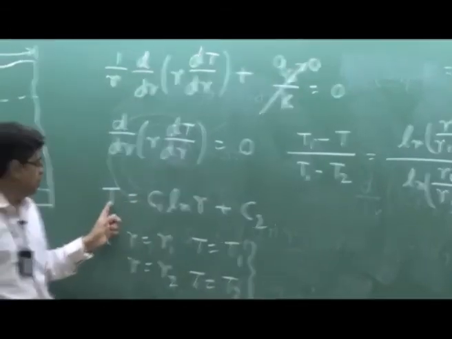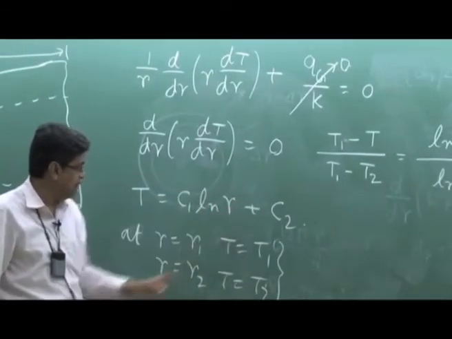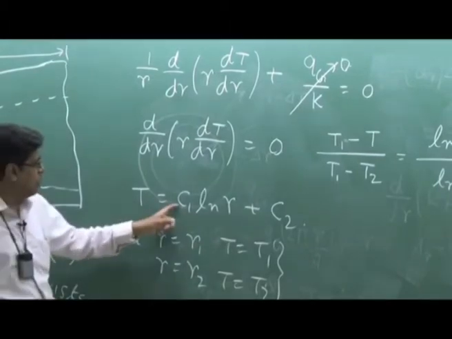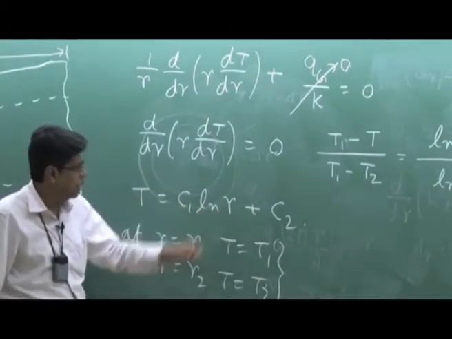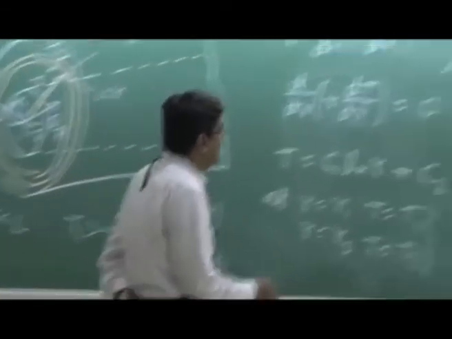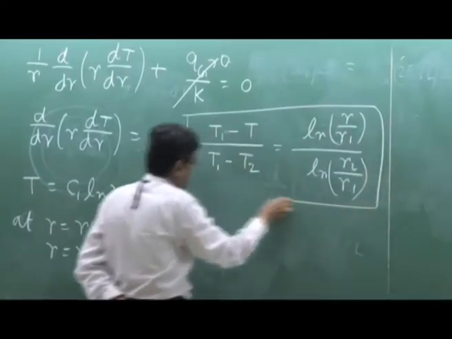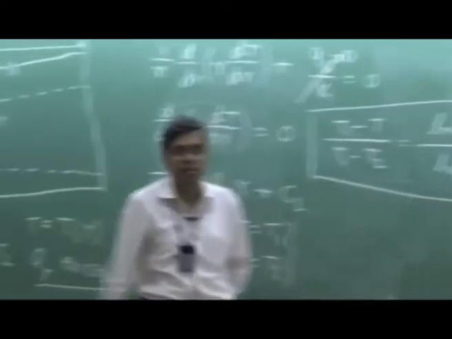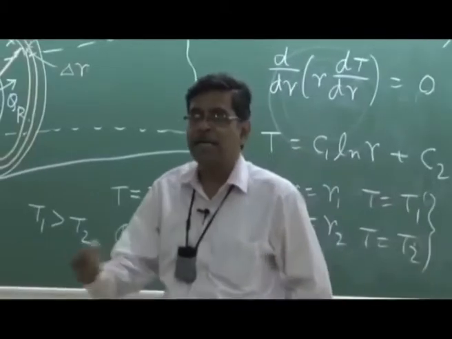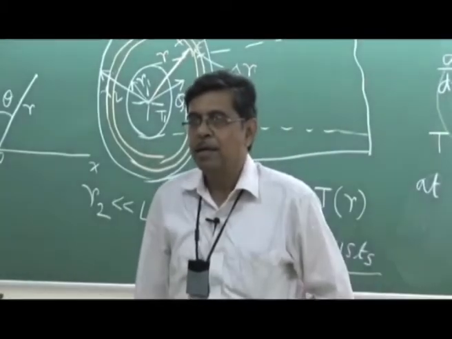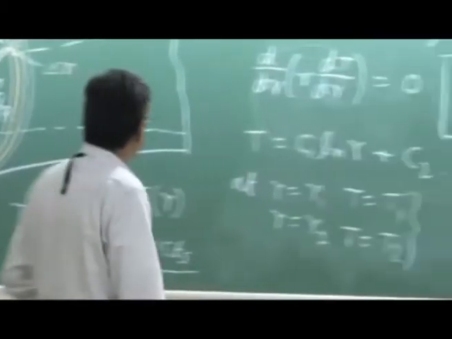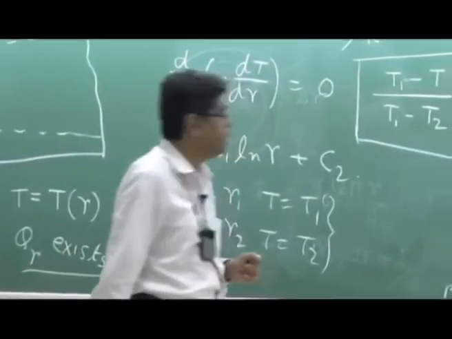T1 is C1 ln r1 plus C2 and T2 is C1 ln r2 plus C2. And you can find C1 and C2, and finally you get this logarithmic distribution. This is the temperature variation with r. It cannot be linear because here the area varies in a way that is directly proportional to r.